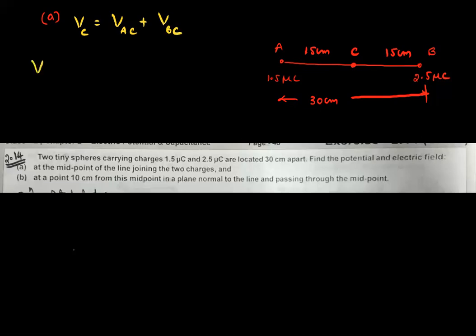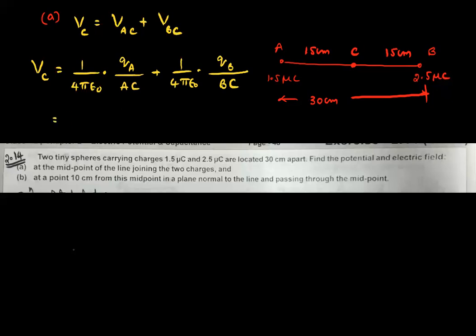Then what is the potential at C? Net potential at C, by using the potential due to a point charge, equals 1 by 4 pi epsilon naught charge at A divided by AC, plus 1 by 4 pi epsilon naught into charge at B divided by BC distance.